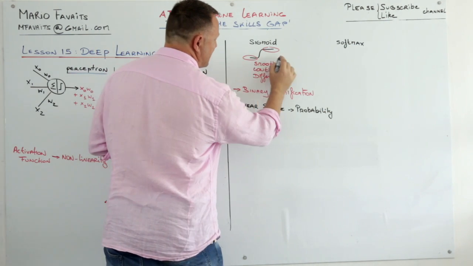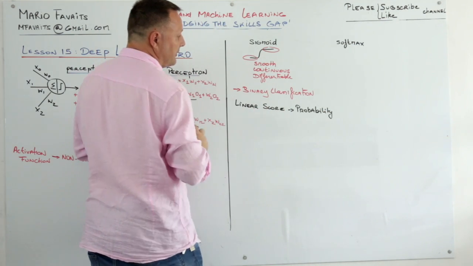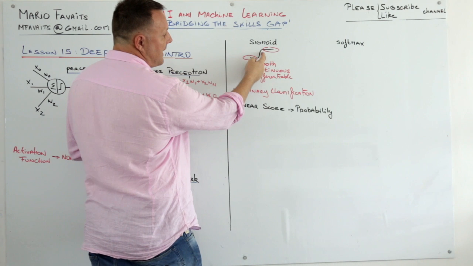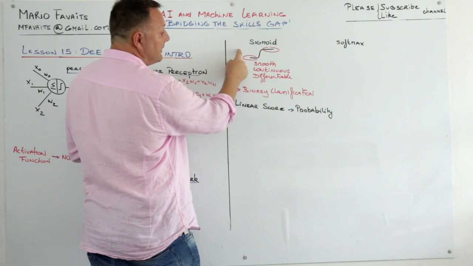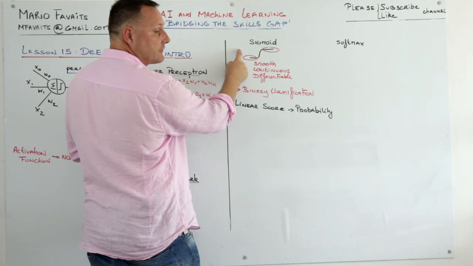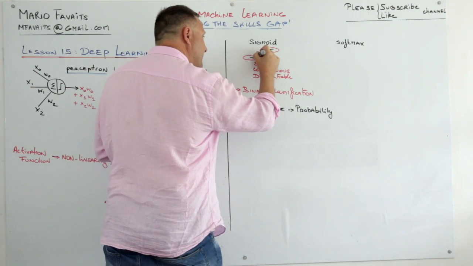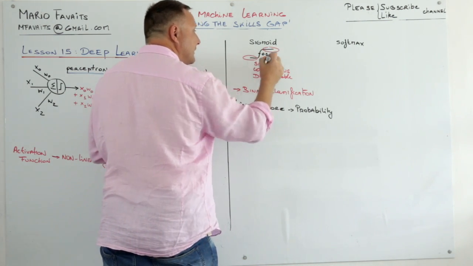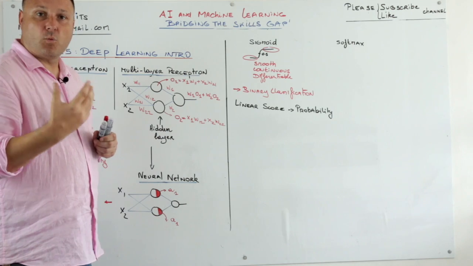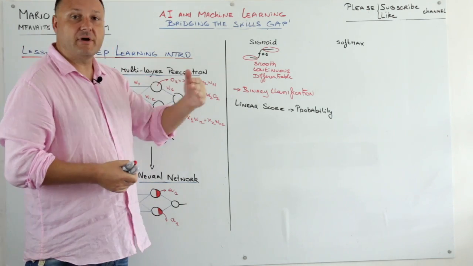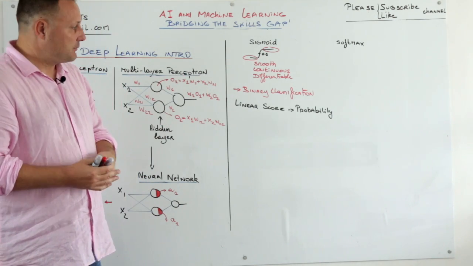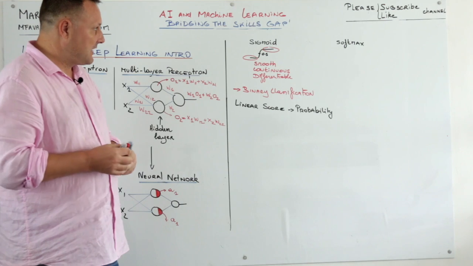So here on the x-axis you have your linear score, and then when you look at the y, you will find the score here, and if the score is bigger than 0.5, because this half here is 0.5, then you give it a 1. If it's below 0.5, you give it a 0. We've seen that as well.